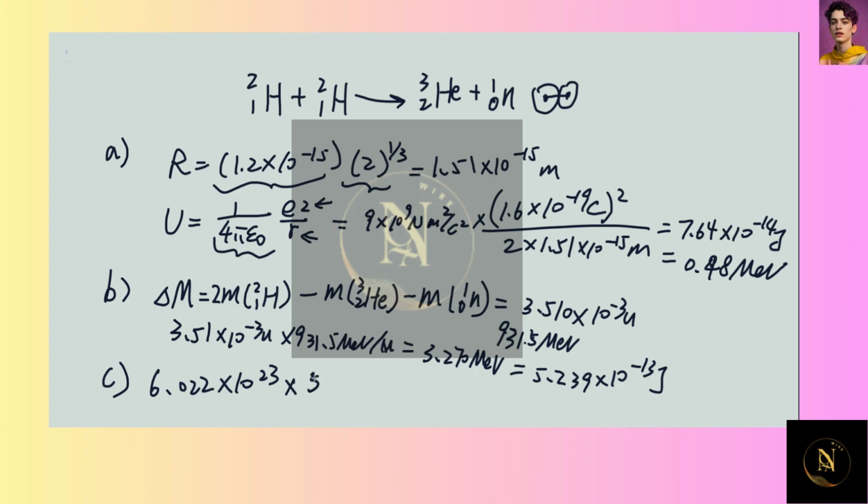Each pair produces the amount of energy we found, 5.239 times 10 to the negative 13 joule. So we get 3.155 times 10 to the 11 joule per mole. We can see this is more than 1,000,000 times larger than the energy we get from the combustion of a mole of hydrogen gas.